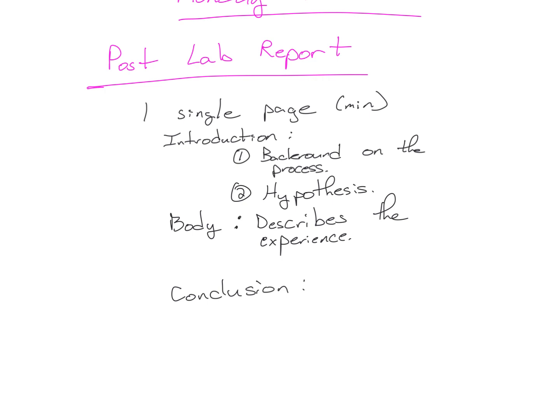As you're sitting down thinking about this process and what you experienced, come up with a conclusion. And then obviously the big part of the conclusion is to answer this question: what did I learn? What did I learn from this? Right? And if you write, I didn't learn anything, well then you got the right grade.